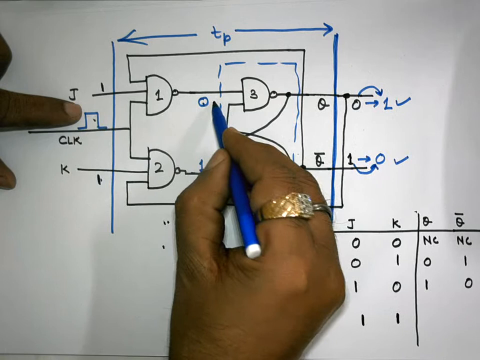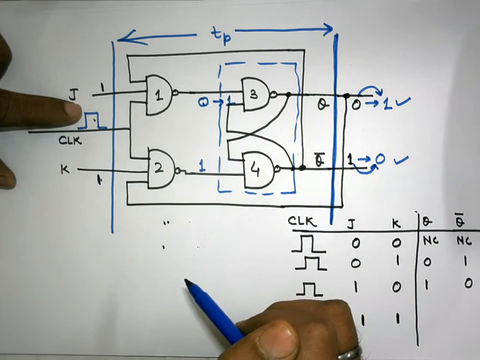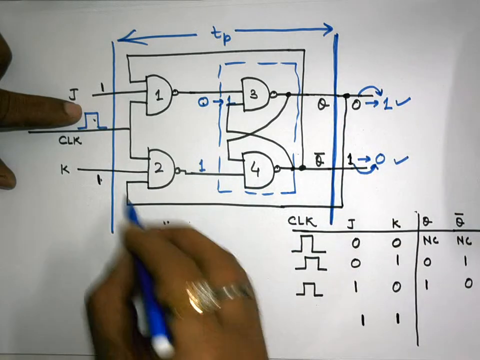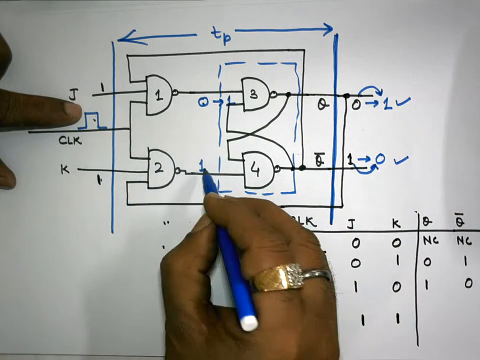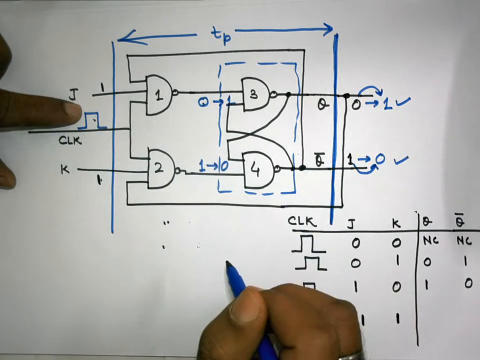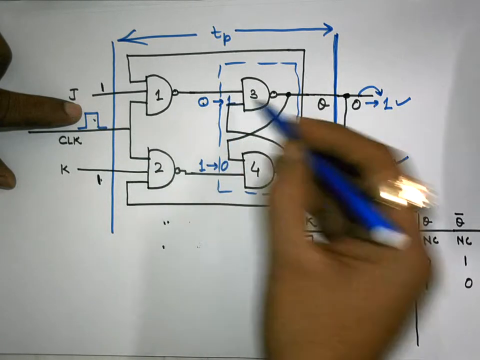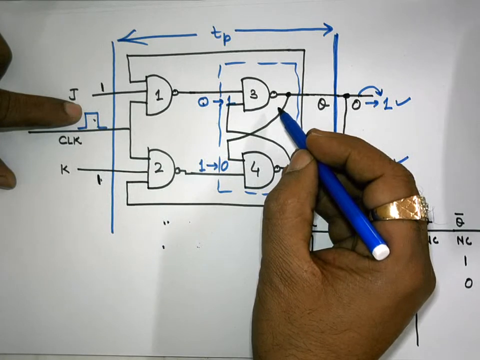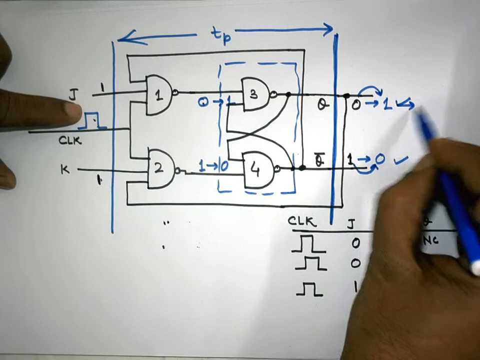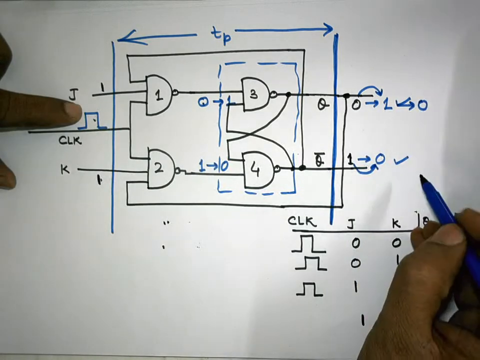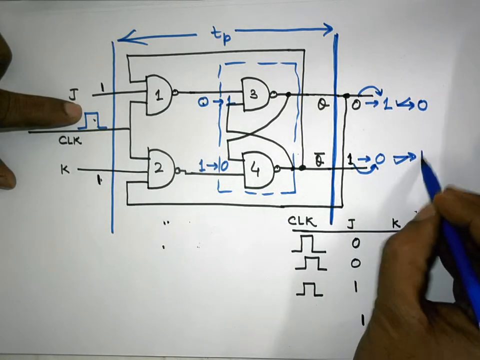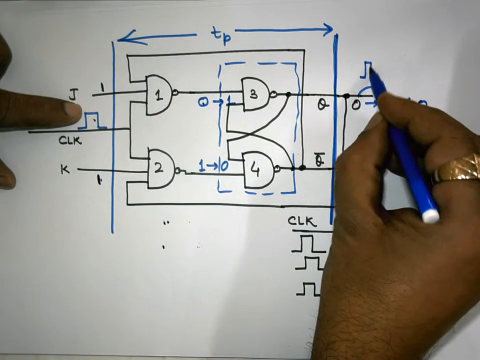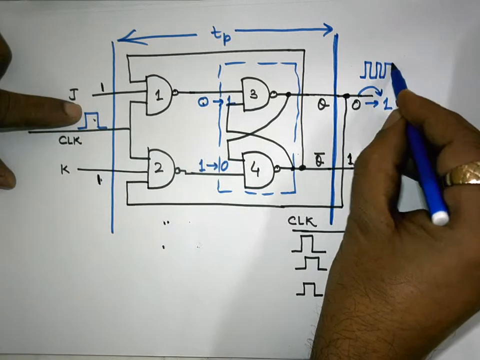It is going to make it 1, and this 1 and these two 1s are going to make it 0. So naturally, at the input of this SR latch the input conditions have changed, and it will change the output to 0 1.